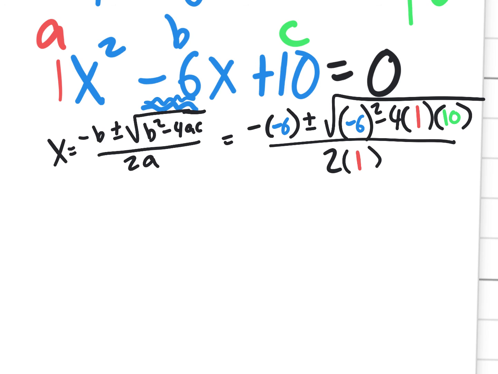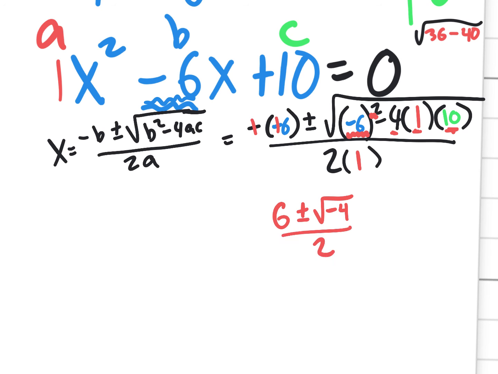Now doing the math inside the discriminant, we have -6 squared. So that's a 36. I'm just going to jot it down on the side right there. And then I have 4 times 1 times 10. That's 40. So I really have 36 take away 40. Isn't that right? And that is inside the square root. So technically, the -6 right here becomes +6 plus or minus the square root of -4, all divided by 2.